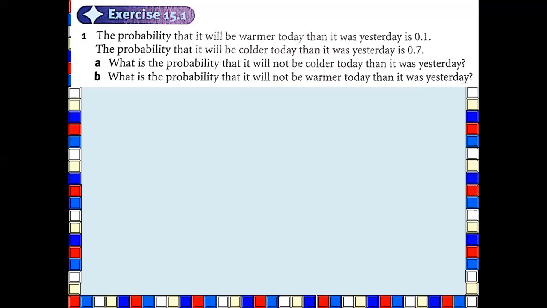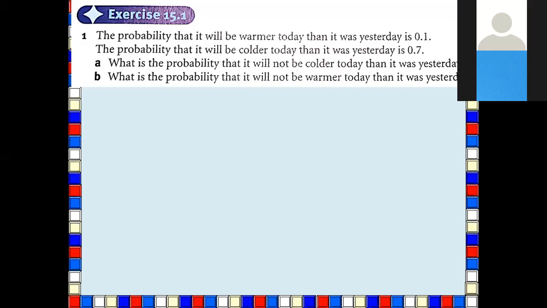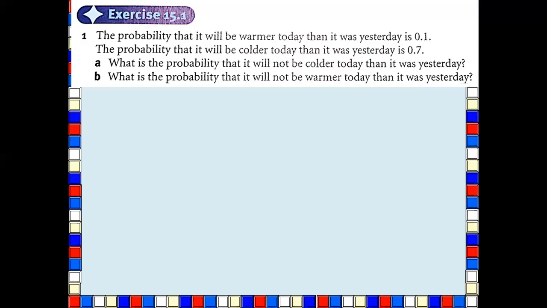So, Lean. Yes, teacher. What do you think part A is going to be? 0.3.